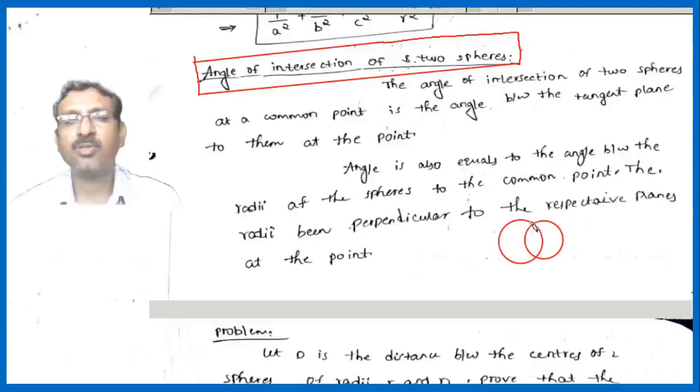Actually this is a circle. In that case we find the angle between two spheres, just like if two lines intersect, there may be an angle generated.